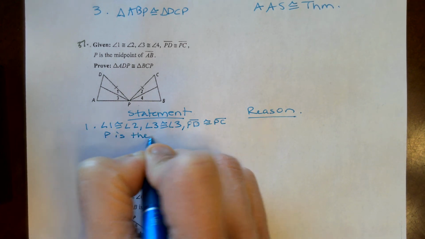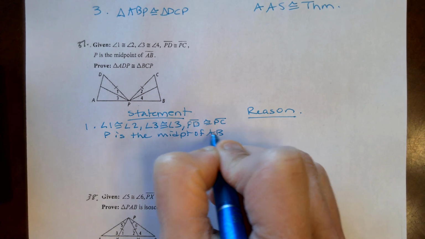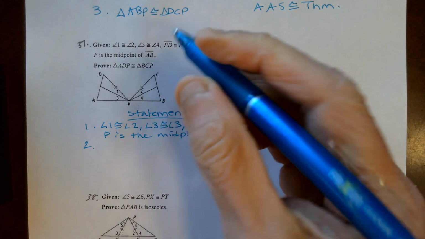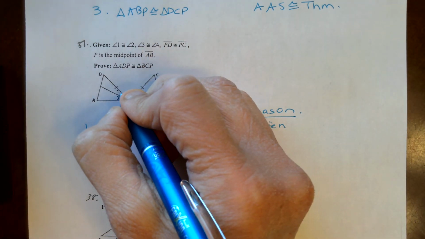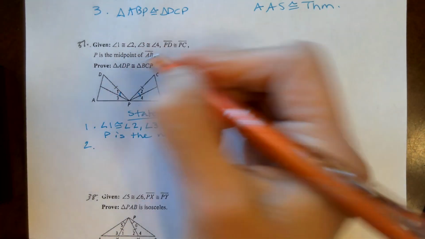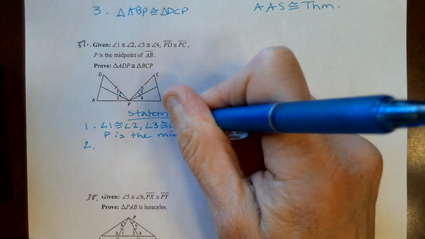P is the midpoint of AB. Okay, so 1 is congruent to 2. Use different colors. And 3, oh, 3 to 3. Nice.